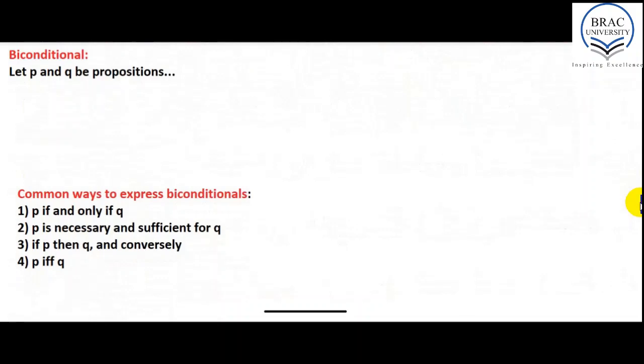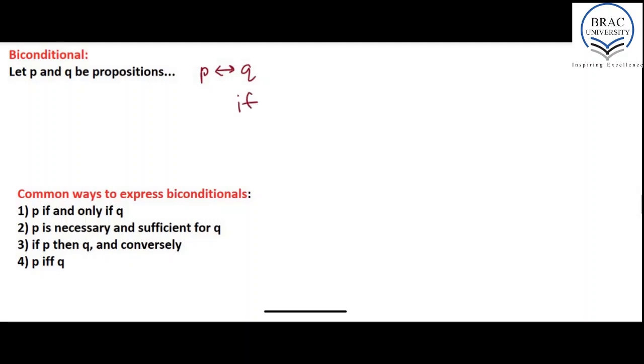Now let's move to biconditional. Let P and Q be two propositions. The biconditional is written like this: P if and only if Q. This proposition is true when P and Q both have the same truth values.